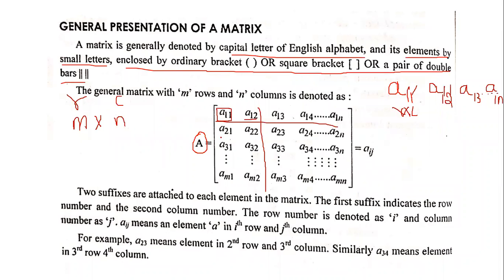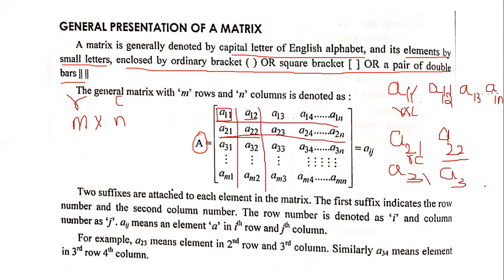Now let's go to the next line. A21. This is the second row of the matrix, so second row, first column. Then A22, second row, second column. Like this, for the third row, it will be A31, third row, first column, A32, third row, second column.